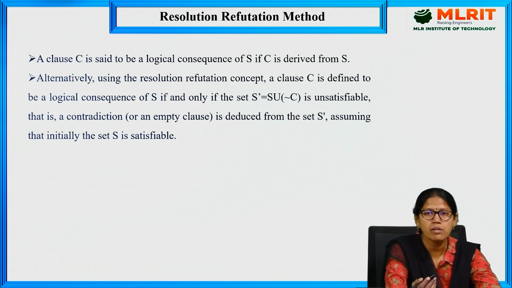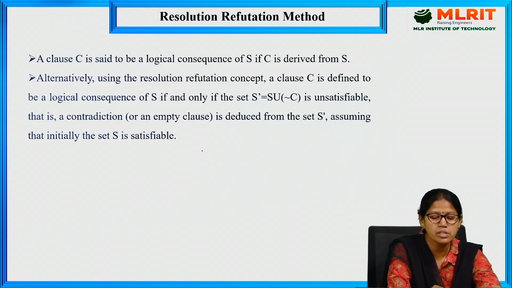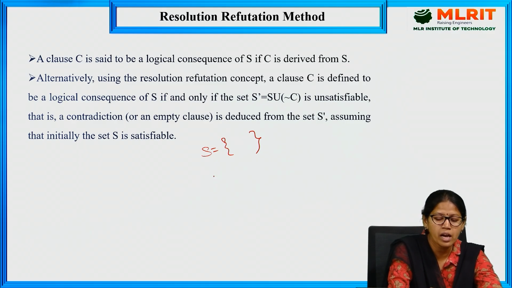Let's see how we can find the logical consequence of a set of classes. First, we take the already given set S of classes, and we derive the negation of the logical consequence and add it to S, giving S dash equal to S union the negation of the given logical consequence.